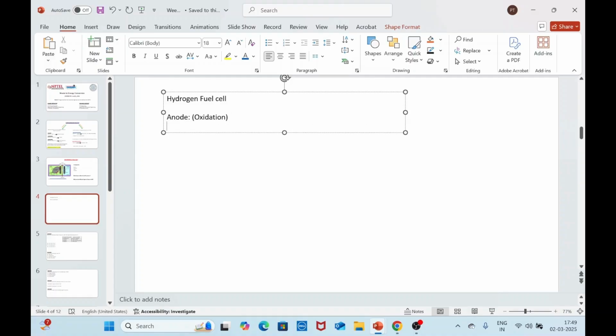Here you will be supplying hydrogen gas to the anode chamber, and that hydrogen gas will be converted to H plus, and electrons will get generated.